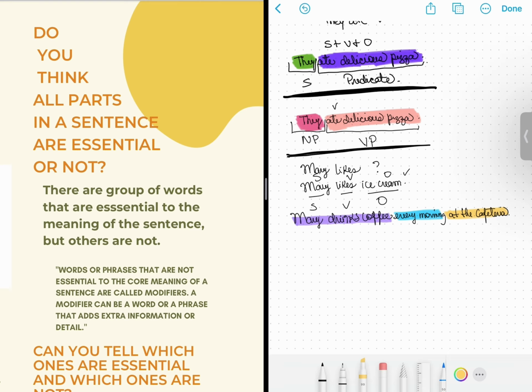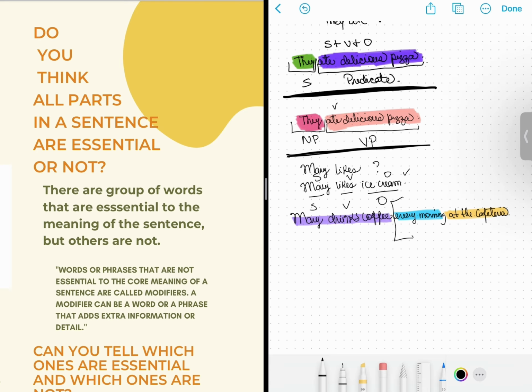Mary drinks coffee, but we can say Mary drinks coffee every morning, and then Mary drinks coffee every morning at the cafeteria. So those here are giving me more information about Mary drinks coffee, that she drinks coffee in the morning, and that she drinks coffee at the cafeteria.